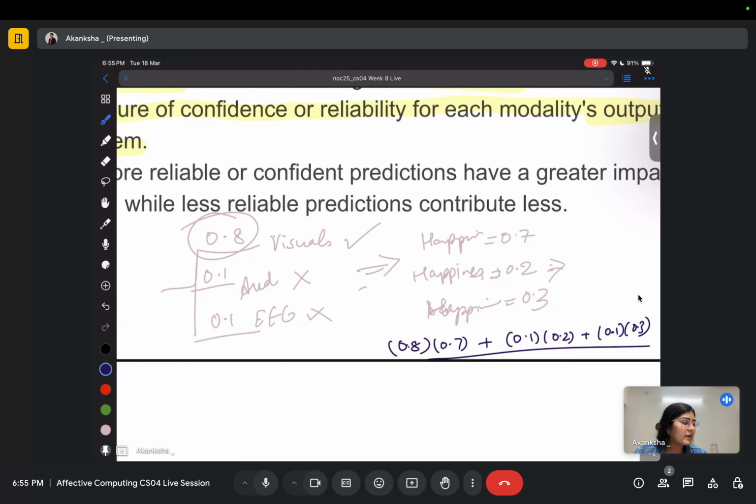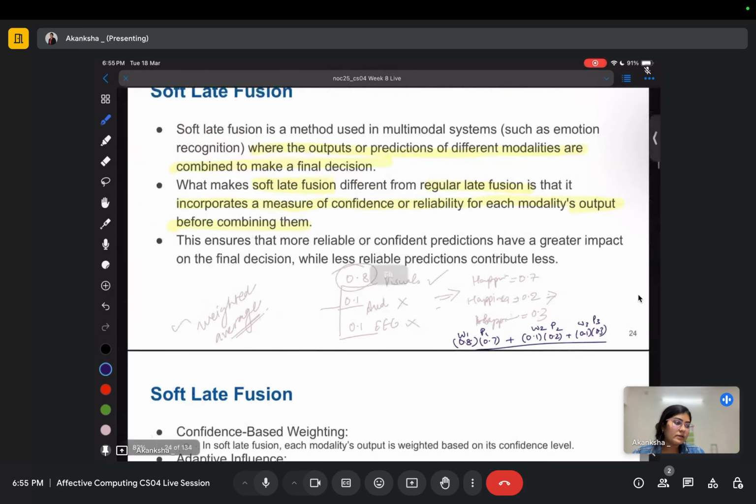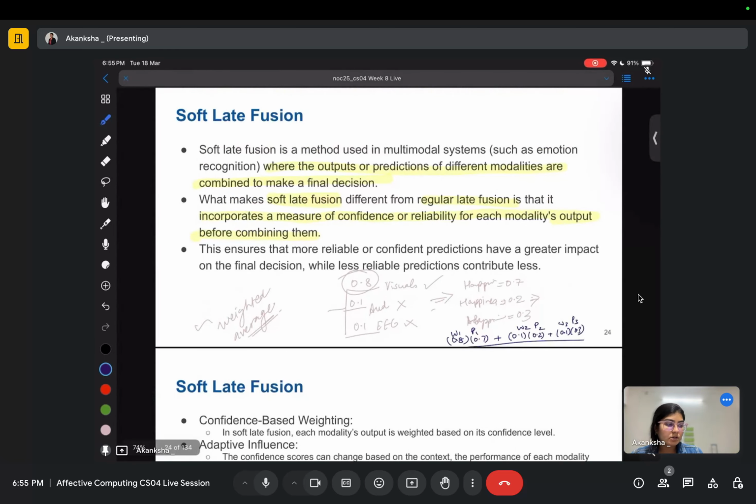These are the weights and this is the probability, so weight into probability. So this is w1 p1, w2 p2, w3 p3, and so on. Now it counters the bad modality so that it does not make it worse.